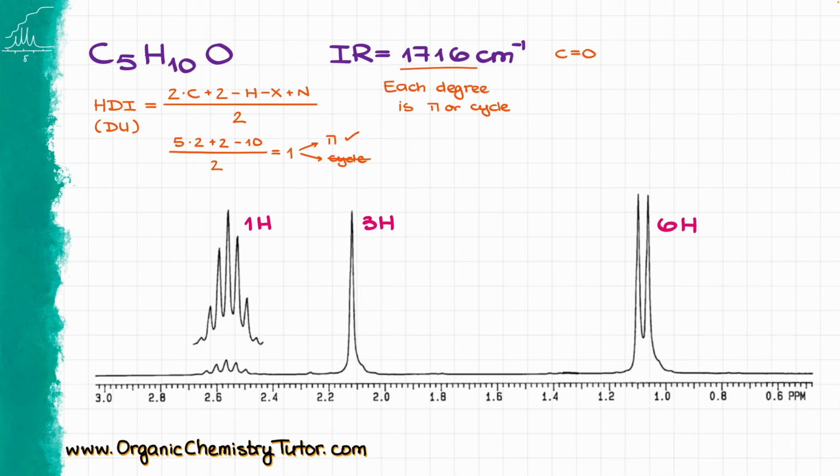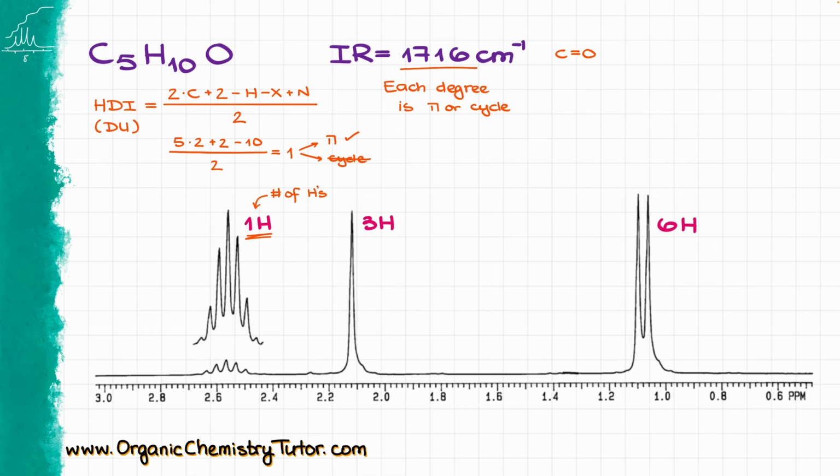Now, when I have this information in mind, the next thing that I'm going to do, I'm going to look at my HNMR, at my spectrum, and see what sort of peaks I have. Each signal in the HNMR is going to give you 3 pieces of information. First of all, we have integration that gives us the number of hydrogens in the group.